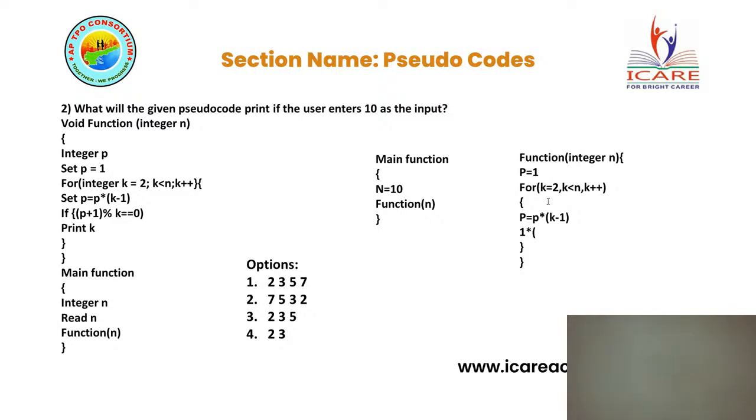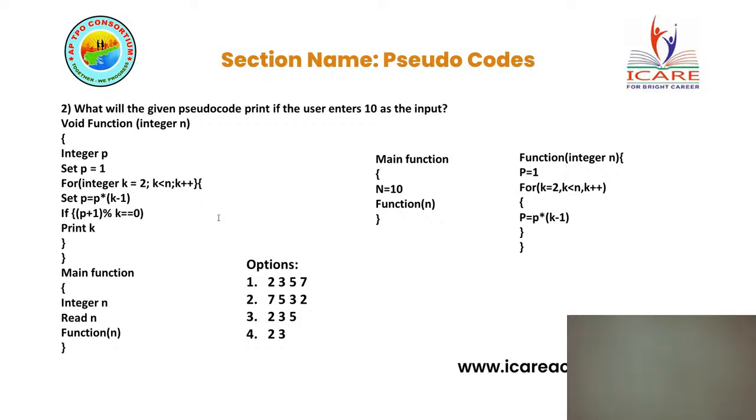In the first iteration, k is 2, so k minus 1 is 2 minus 1, which is 1. So 1 into 1 is also 1, which is stored in p. So again p is only 1.